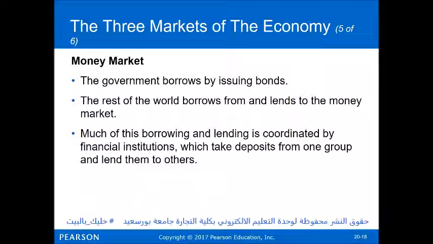The rest of the world borrows from and lends to the money market. Much of this borrowing and lending is coordinated by financial institutions, normally called banks, which take deposits from one group and lend them to others.